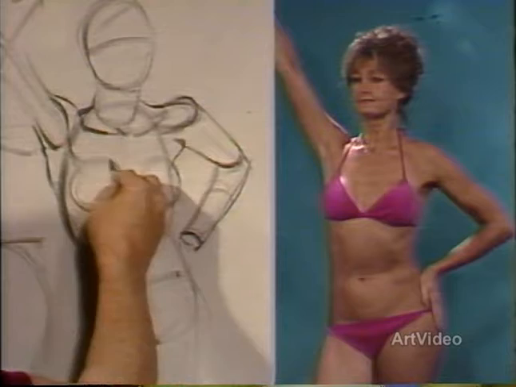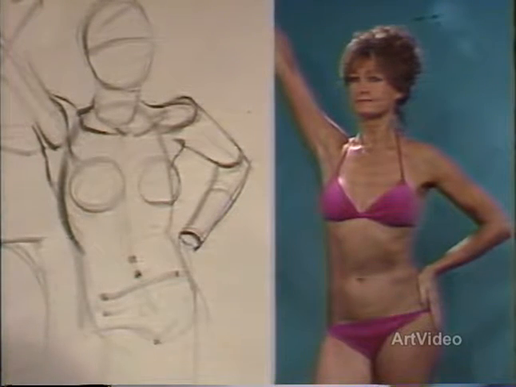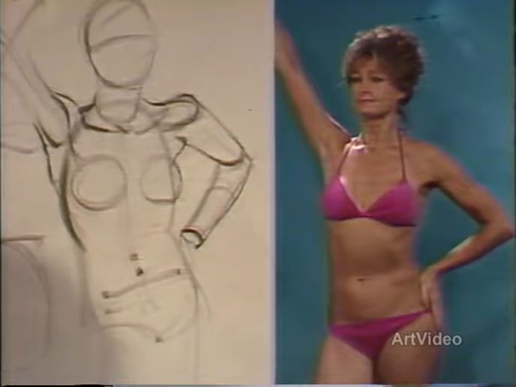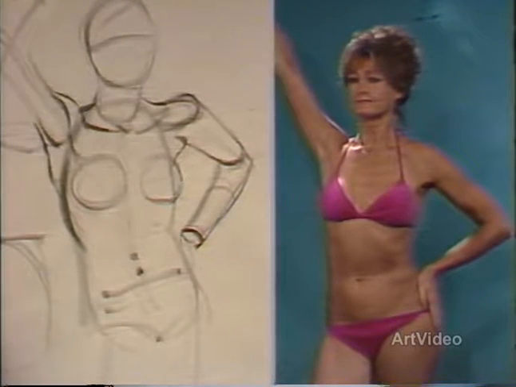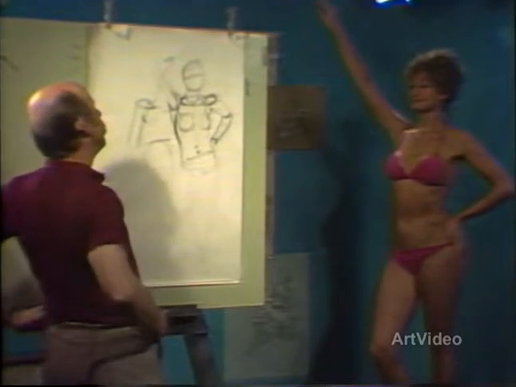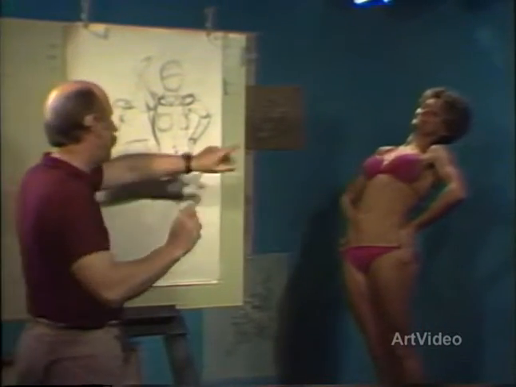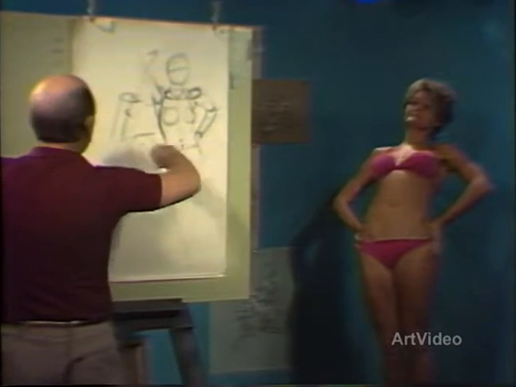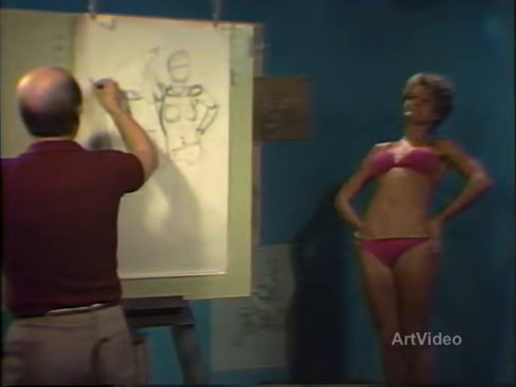It's their volumes. Now, you have to consider what the pose is doing. If Jan was to, let's see if we can do this, I don't know. Okay, let's see if you can just really arch back. Something like that. Okay, but turn a little bit more like that. Now, her swimsuit top does a little bit of it.